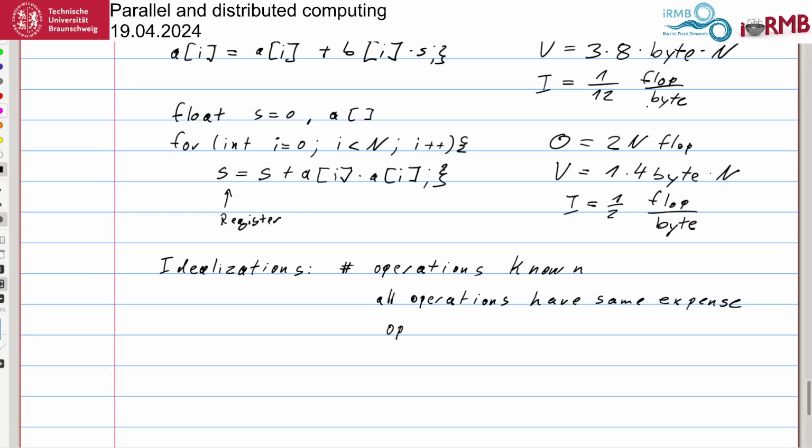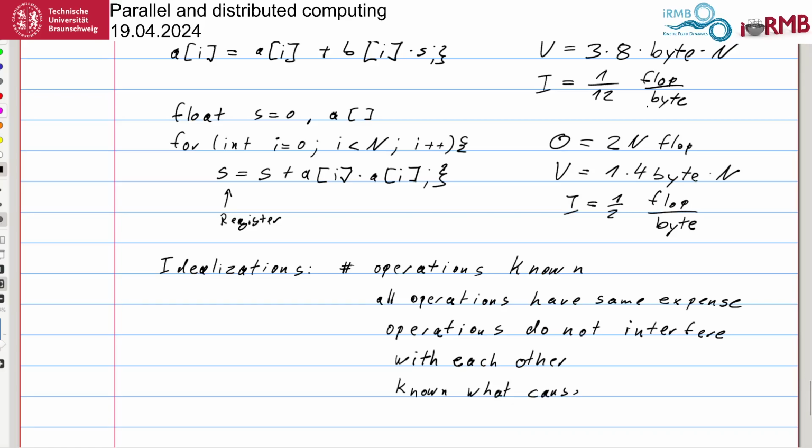We also assume that operations do not interfere with each other. For example, modern processors may be able to do several operations at the same time, provided the resources in the processor are currently available. If they are available or not available, they could interfere with each other. And we also assume that we know what actually causes memory traffic. I think this is something that is really difficult to figure out in reality.